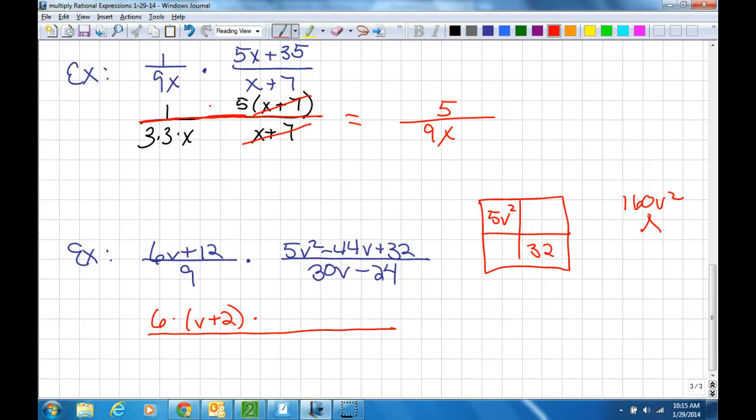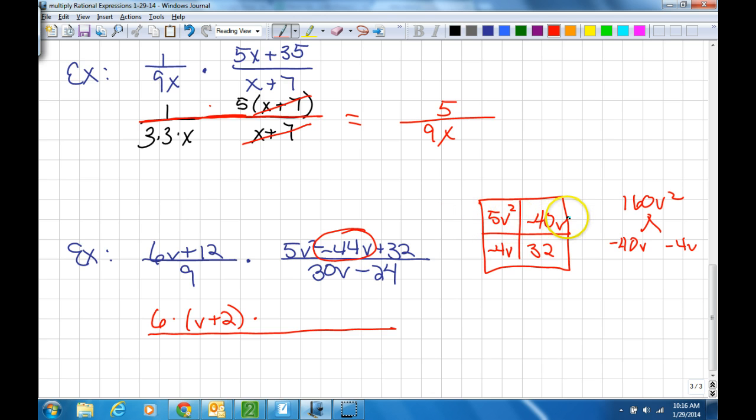So I'm going to give you guys a moment to think about what are the factors of 160 v squared that would add up to be negative 44. So think about that for a minute. So our factors are negative 40v and negative 4v. So I can put those in either of those two boxes. I'm going to put negative 40 right here and negative 4 here.